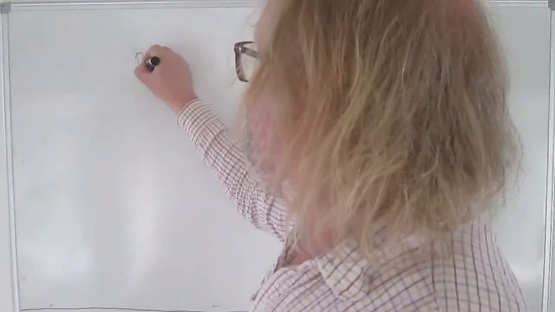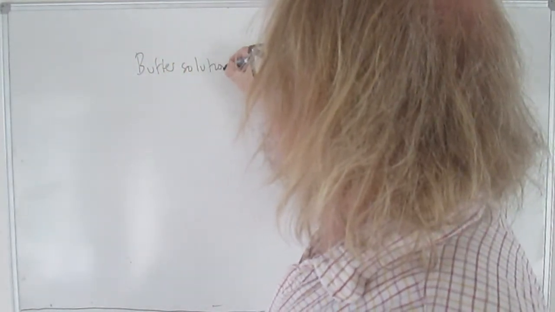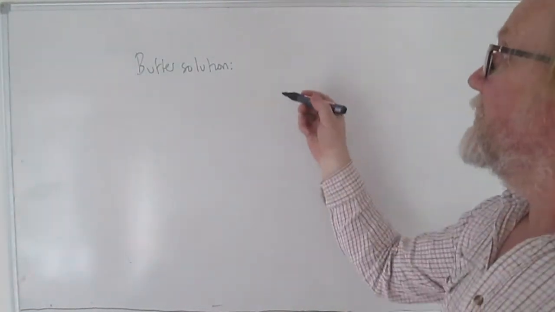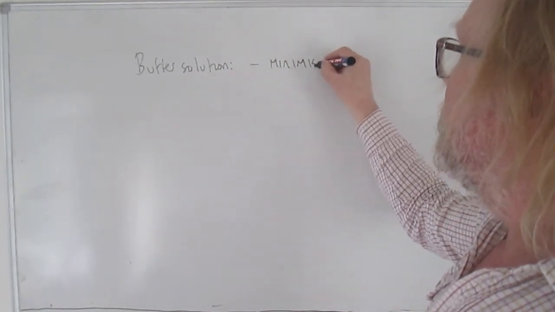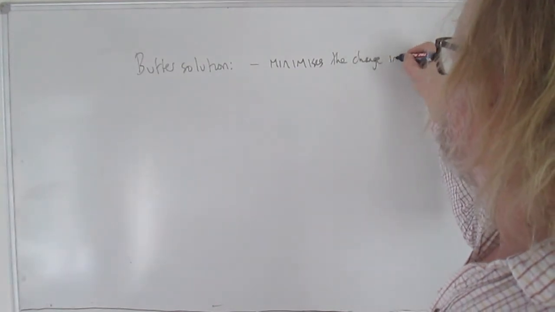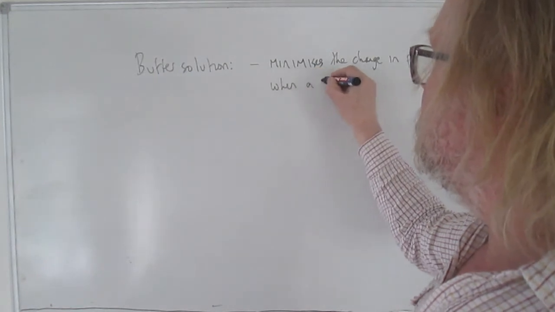Okay, so a buffer solution, the definition which you need to be able to trot out, is a solution which minimises the change in pH when a small amount of acid or alkali is added.